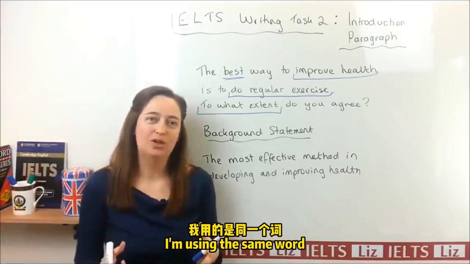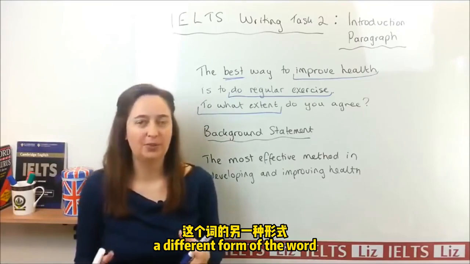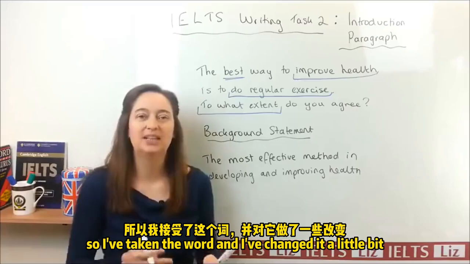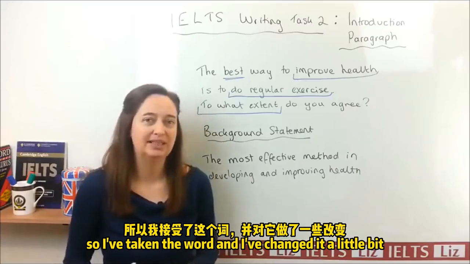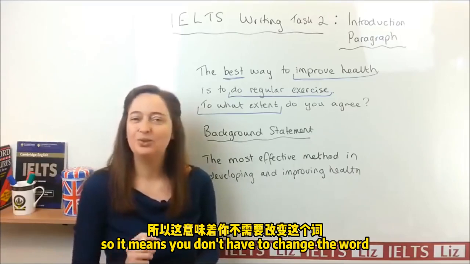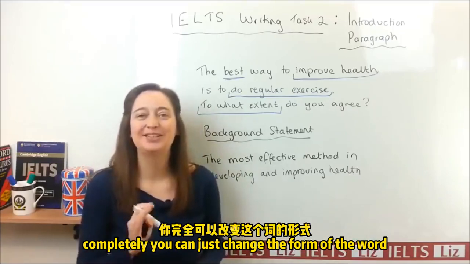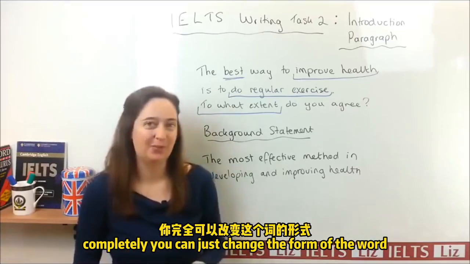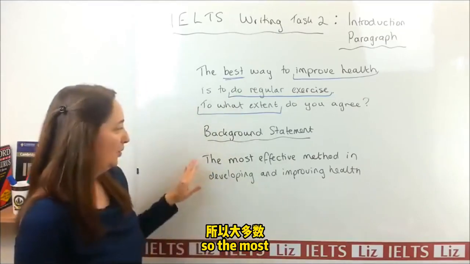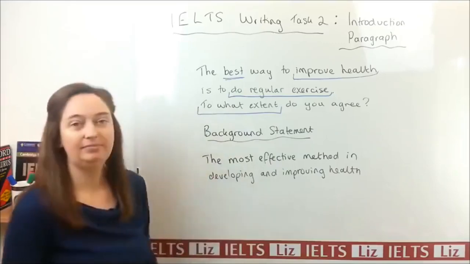I'm using the same word, but a different form of the word. So I've taken the word and I've changed it a little bit. This is very good for IELTS. So it means you don't have to change the word completely. You can just change the form of the word. So the most effective method in developing and improving health.